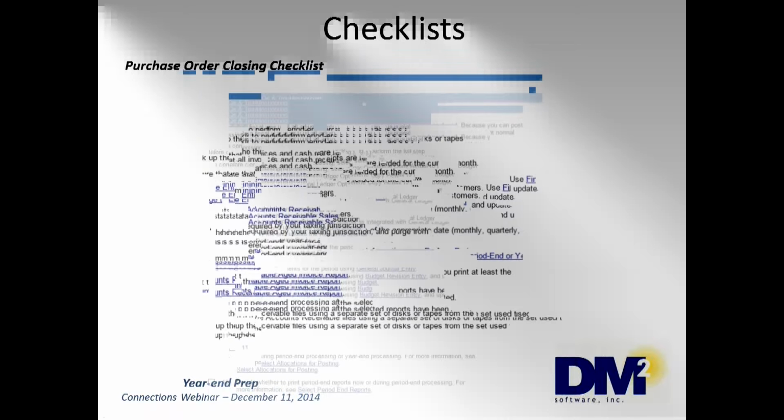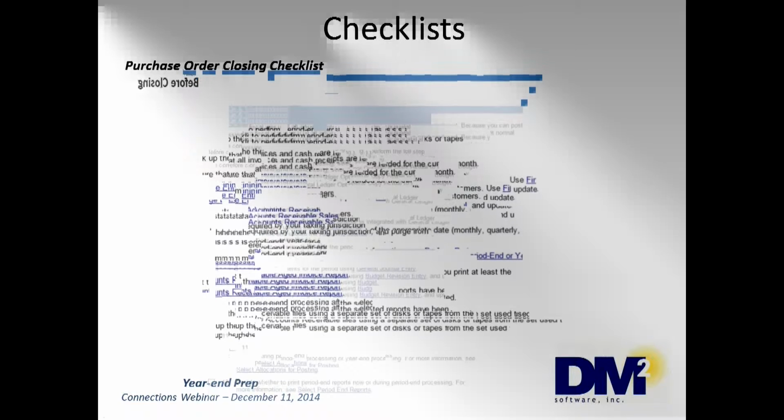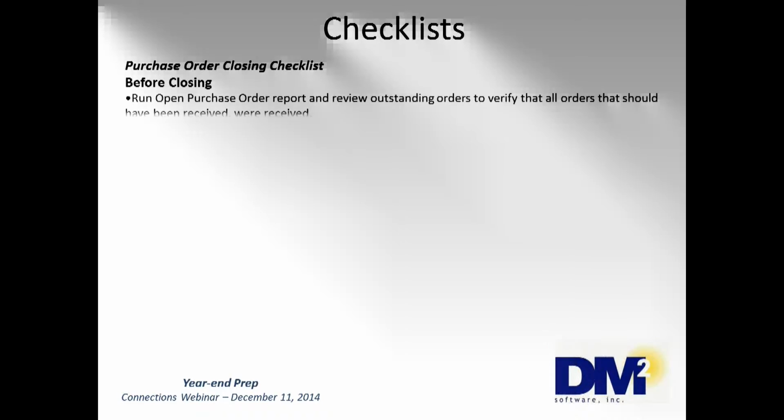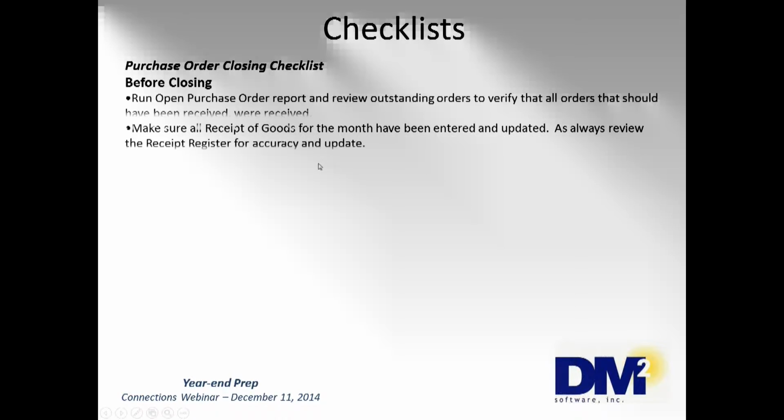So let's go ahead and look at that purchase order checklist. We're going to divide this into a couple of sections. One is going to be before closing, and the first item is to run that purchase order report and review outstanding orders to make sure that any orders that should be received have been received. Looking at that with your purchasing or inventory group is paramount to success.